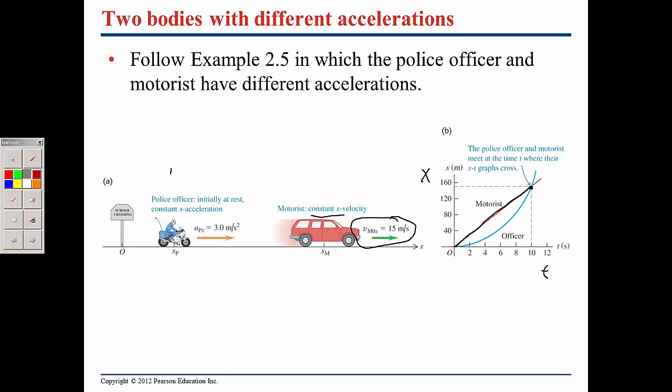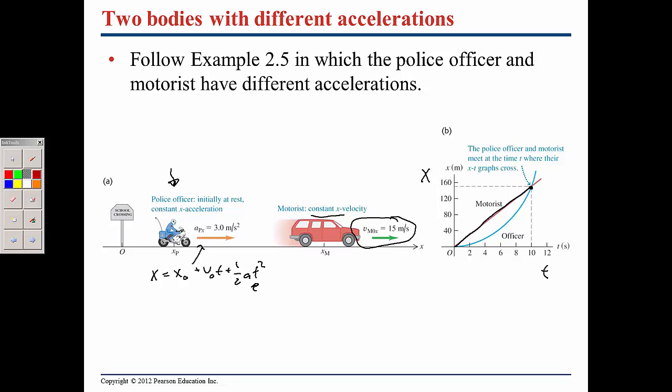Now suppose Mr. Police Officer sees you and thinks that you're going over the speed limit, even though you're not. He's initially at rest, and he is going to start accelerating. Because he's accelerating, he's changing his velocity, and he's changing his position such that we can write it as v0 t plus 1/2 a t squared.